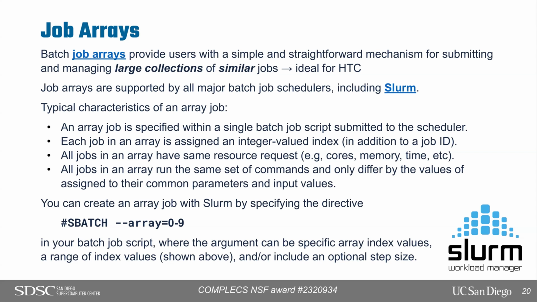If I added this to any job script and submitted it to a Slurm scheduler, it would create 10 different jobs and assign an index of 0 through 9, depending on which job in the array that index was assigned to. So this is one way to specify a job array.